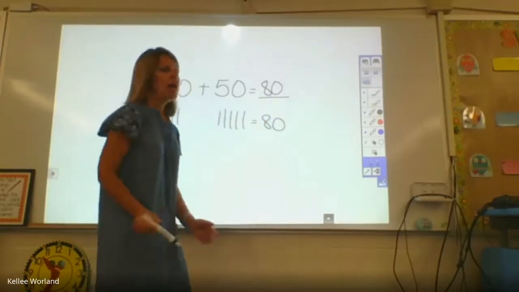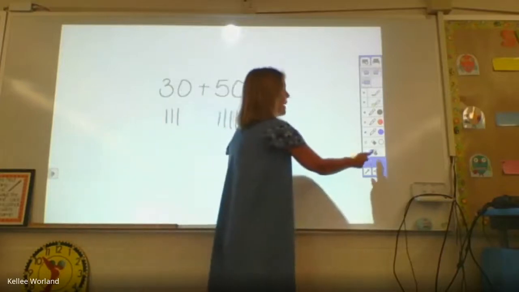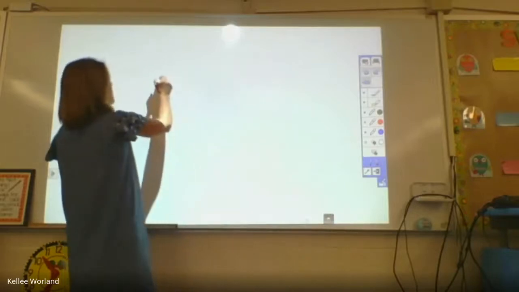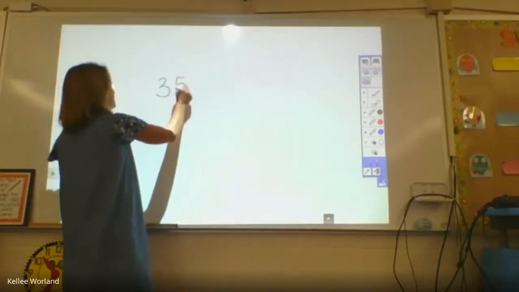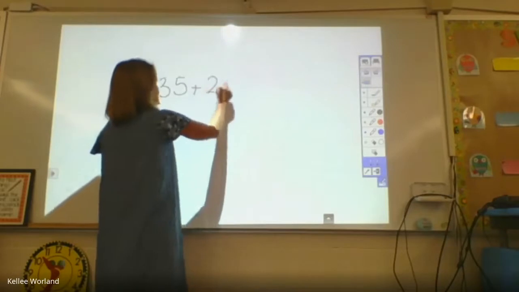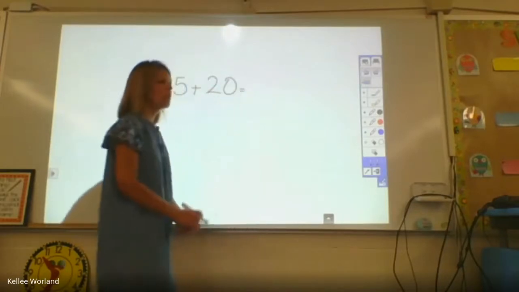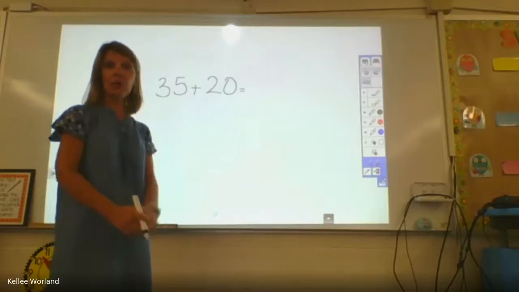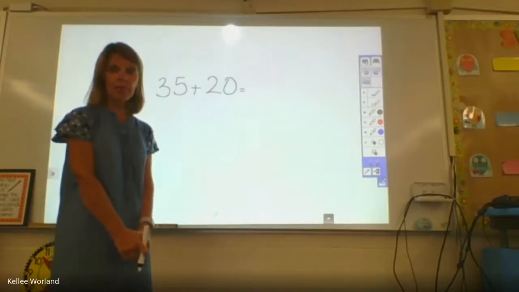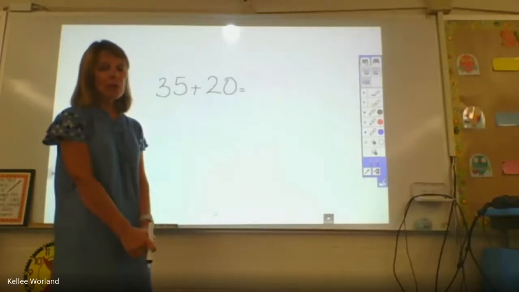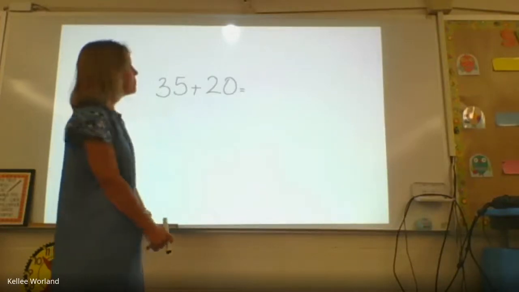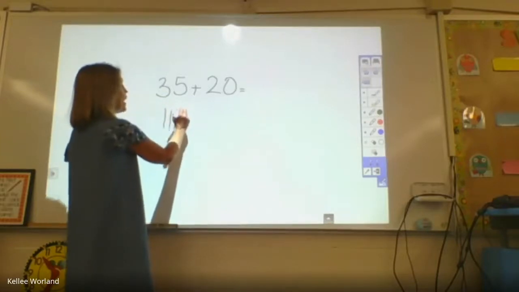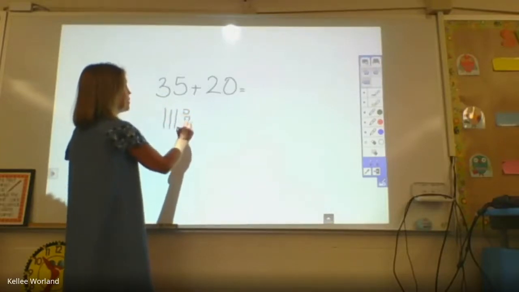Okay. Now, some of you might be saying, well, what if I give you the problem 35 plus 20? Well, I'm going to tell you right now there are going to be 2 ways that you can work this. Okay? The first way you can do it is 10, 20, 30, and then make 5 ones.